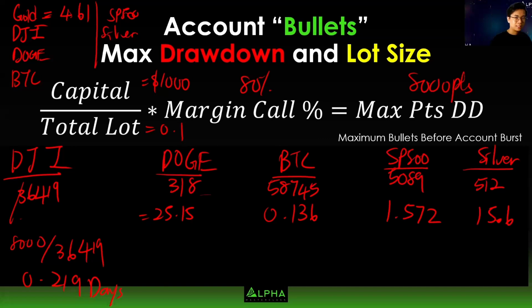Okay, now here's the thing. Based on this formula, right? The formula that you are seeing here is the most raw formula, meaning that this formula can be applied in every market. Just that different market got different calculation for different asset.